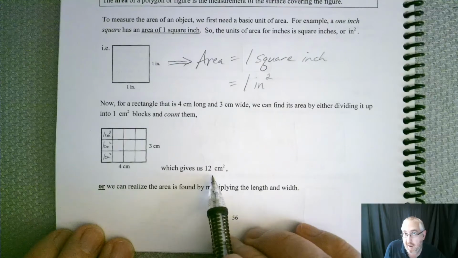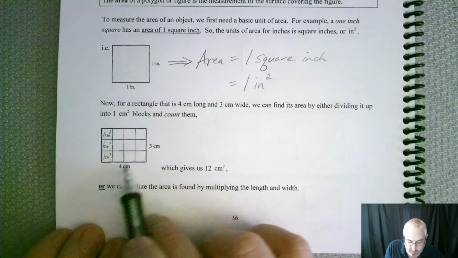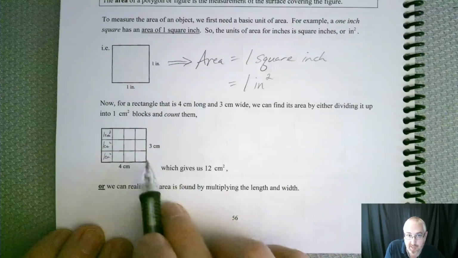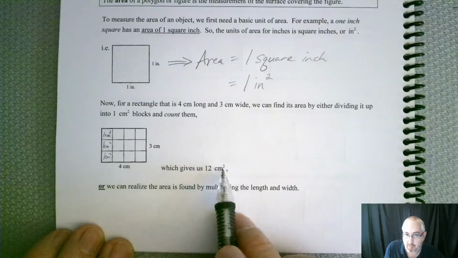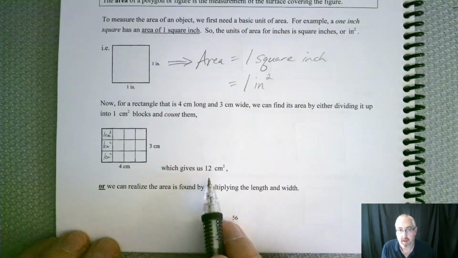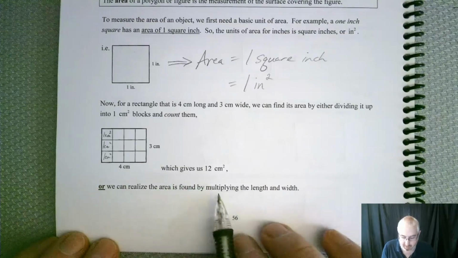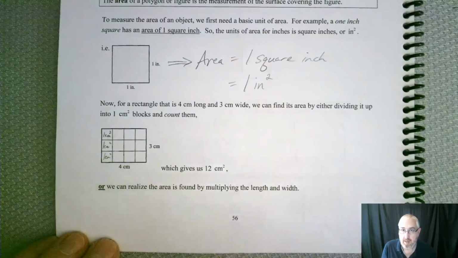Now that's kind of clunky, but if we look at the 2 dimensions and look at the answer, we can kind of see what the trick is. So all we need to do is just multiply those 2 dimensions, and that will get us to our answer. So multiplying the length and the width will get us the area of a rectangle.